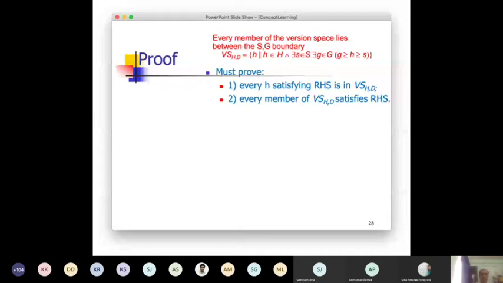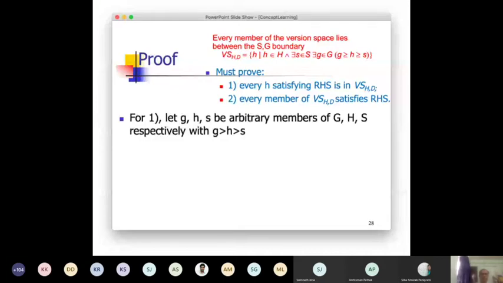The argument is quite simple. Consider there exist such G and S, two hypotheses in the sets, capital G and S, and H is any hypothesis in the hypothesis space, and you have these relationships. We are considering the first fact we are trying to prove, so we have to prove that H is consistent.